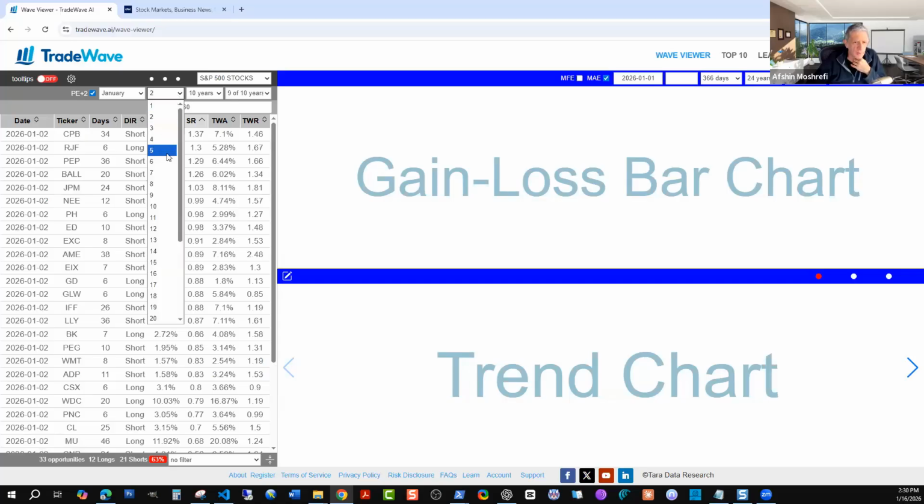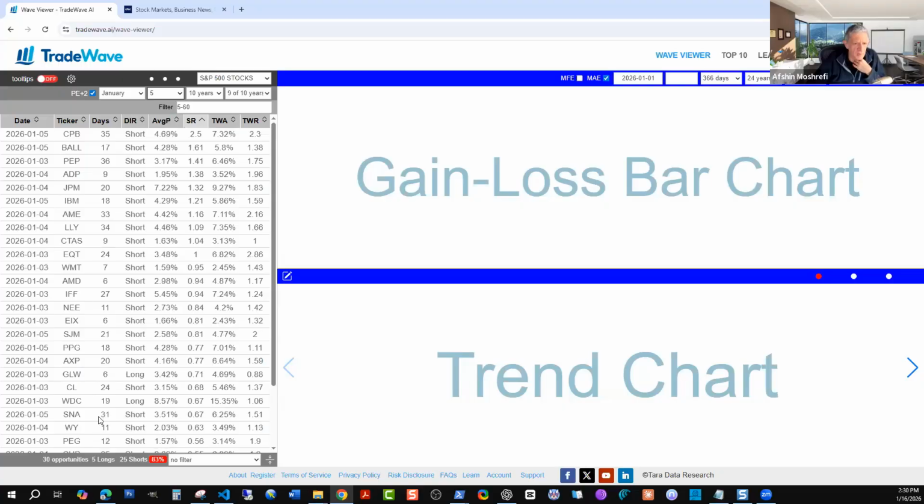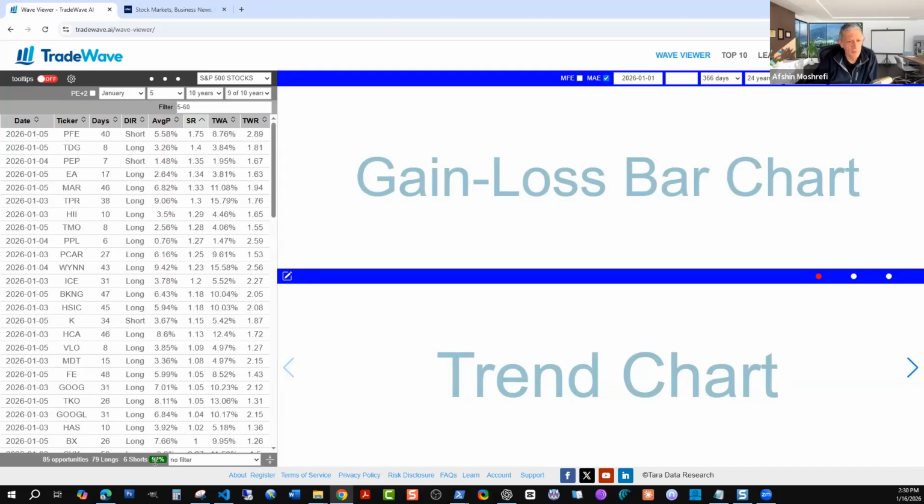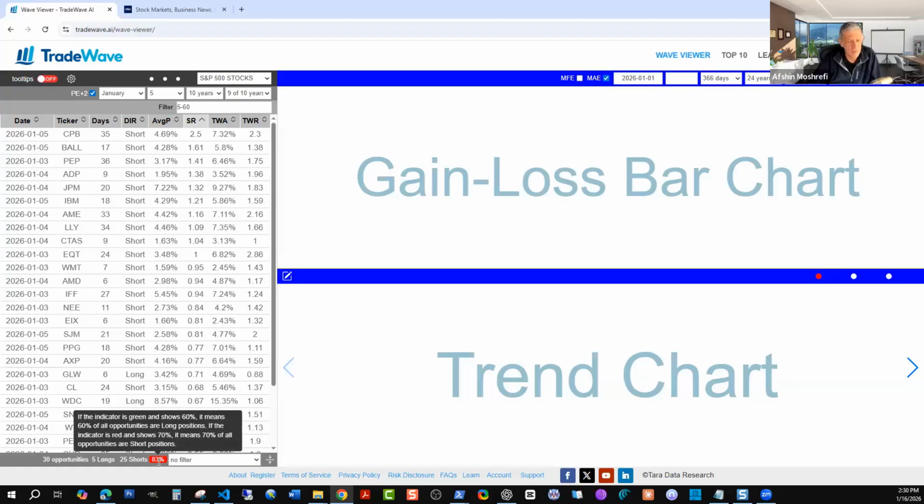If I go to 5, 30 opportunities, only 5 longs, 25 shorts, 83% shorts. But if I uncheck this, it tells us sentiment is long. Sentiment is not long. Sentiment is this.